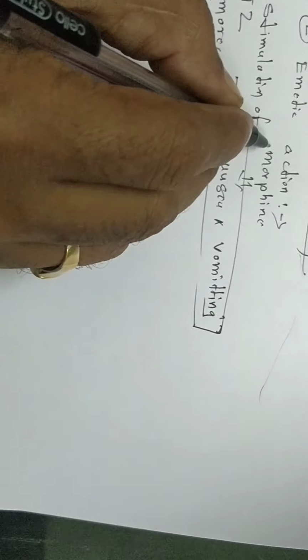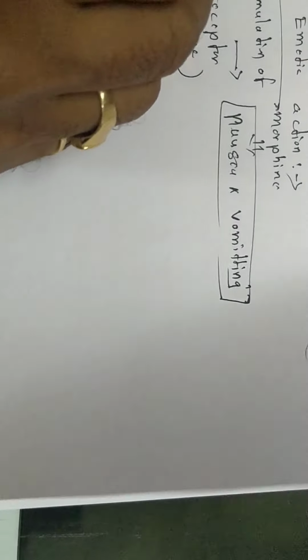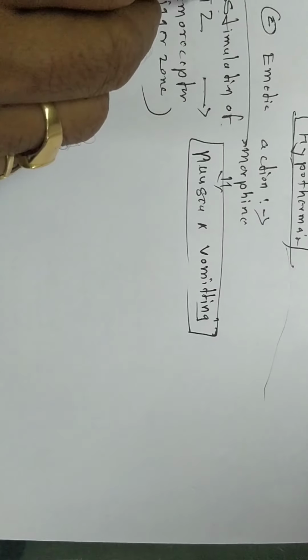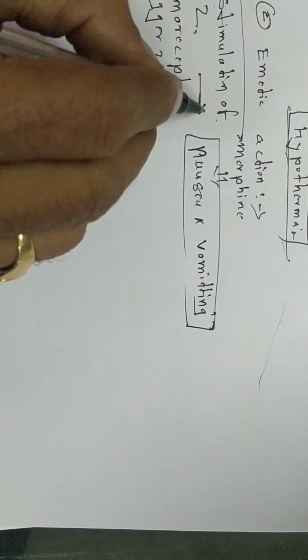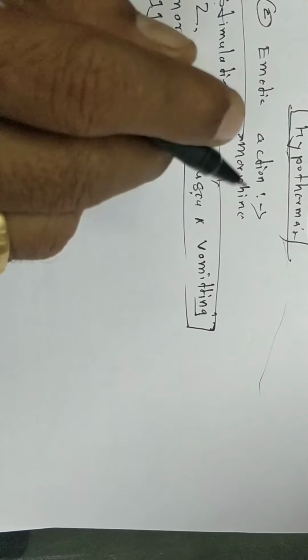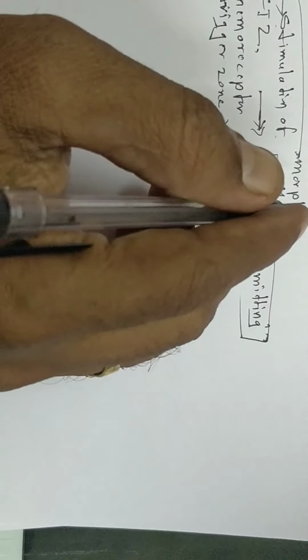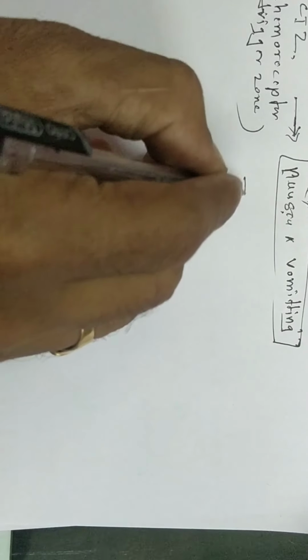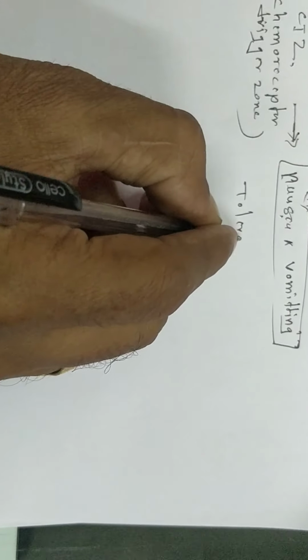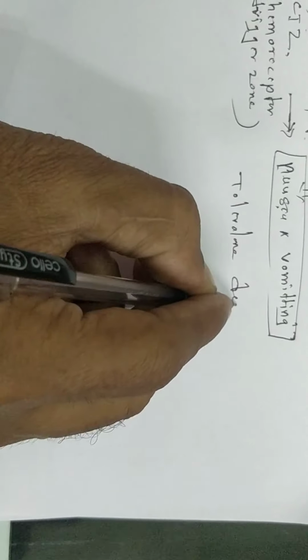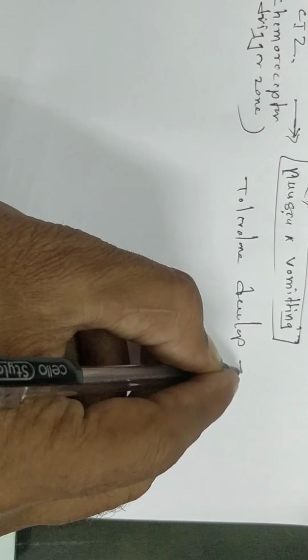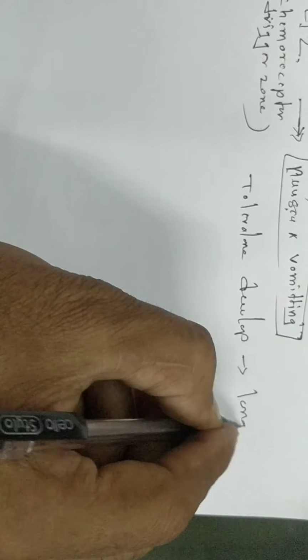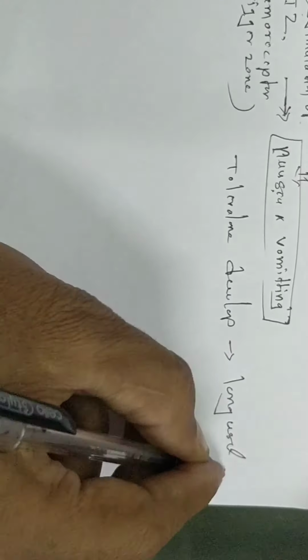Morphine stimulates the CTZ and produces nausea and vomiting. Another side effect is that tolerance can develop. Tolerance develops with long use. Okay.